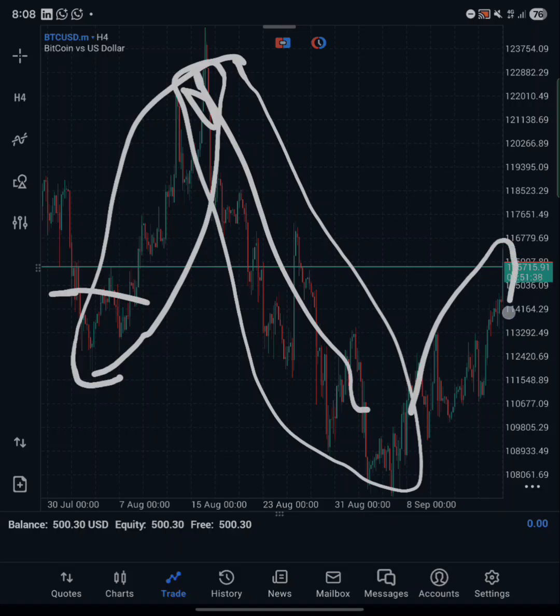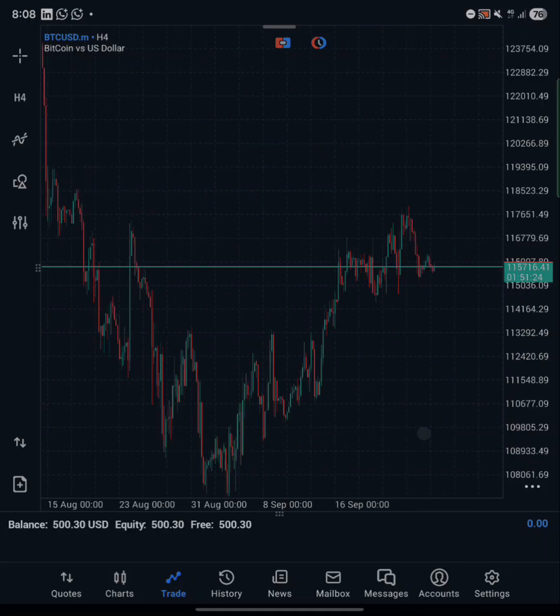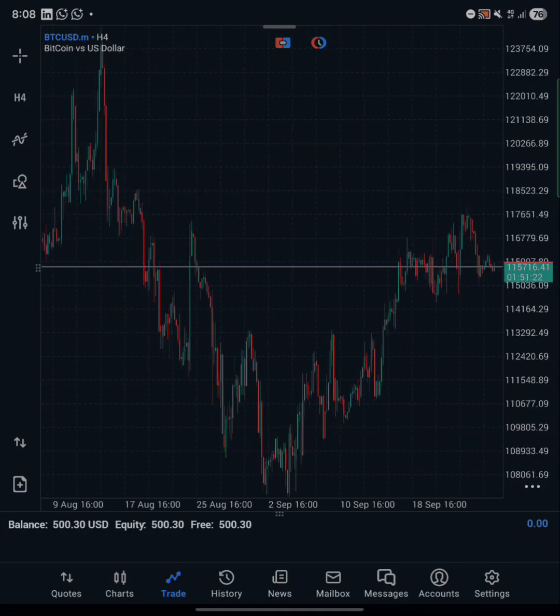Then from here to up the market is bullish, bearish, bullish. So this is just how the market keeps on moving. You get to see it in the TradingView. This is the MT5. I told you it works hand in hand with every other thing that you need to use and be successful in your trading.